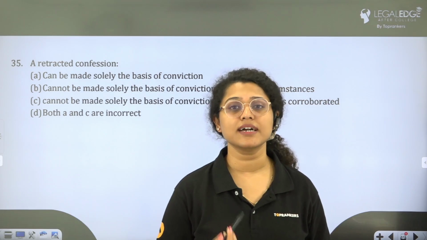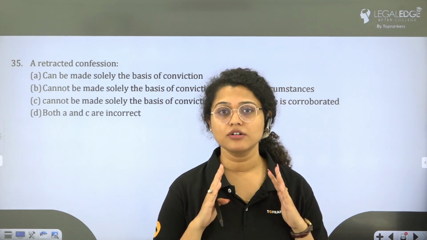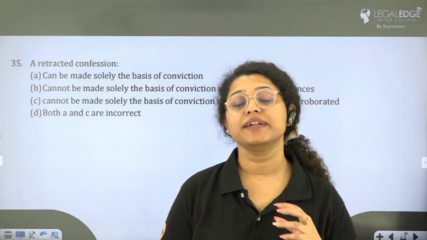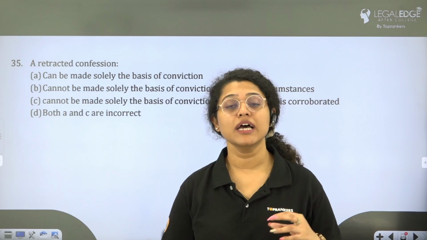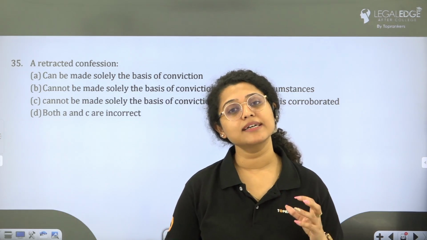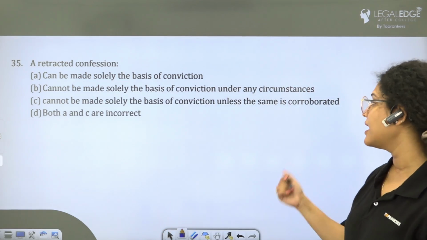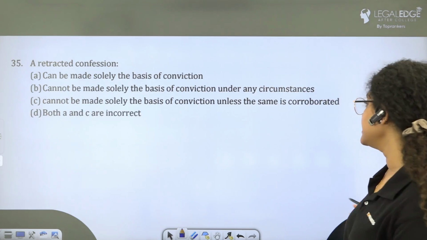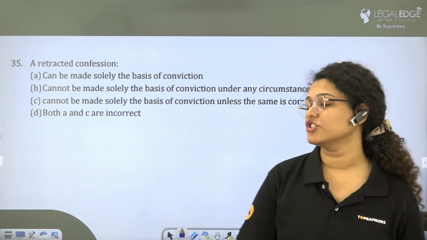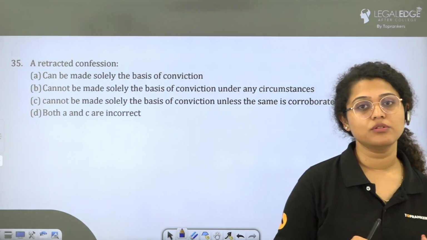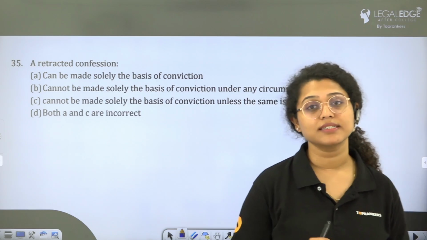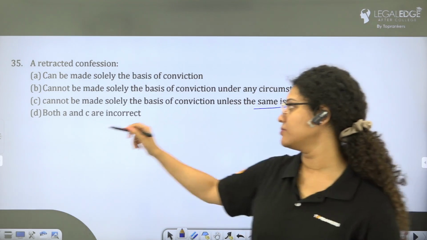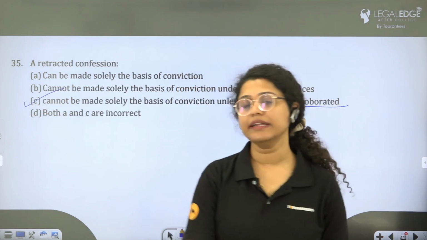A retracted confession is when originally a person has given a statement and later on the person denies that confession or goes against that confession. So can we use such a confession? Can that be made a sole basis for conviction? It cannot be made a sole basis for conviction until and unless it is corroborated. So option number C is the correct answer.